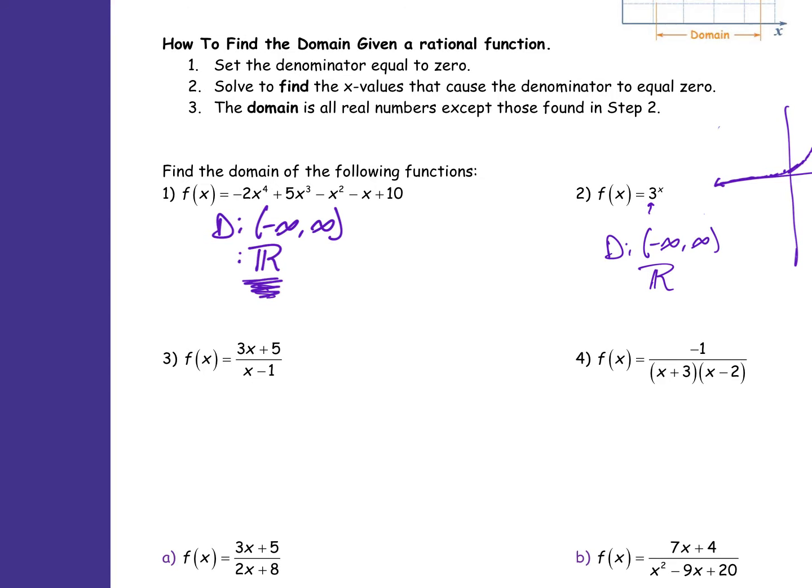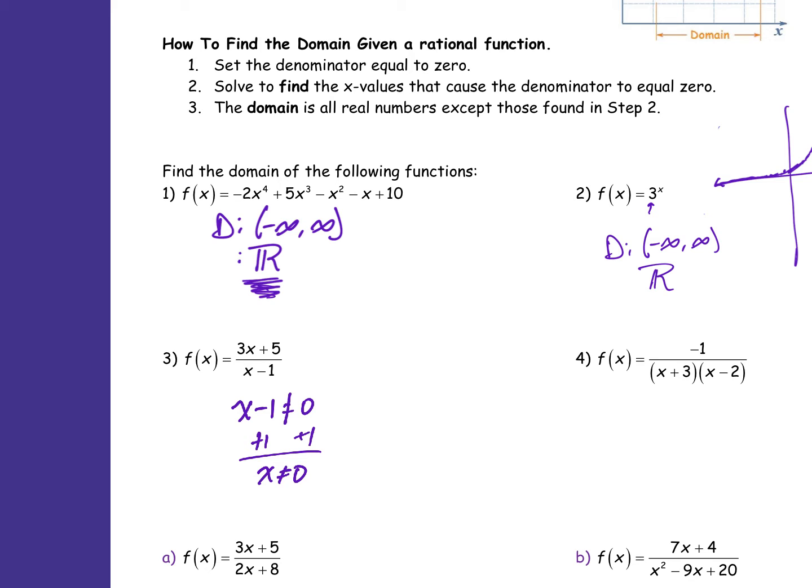So now if I have a rational function, what does it say I have to do? Set my denominator equal to 0. So, okay. So x minus 1 cannot equal 0, right? Because I don't want it to equal 0. If it equals 0, it's undefined. So at 1, x cannot equal 1.